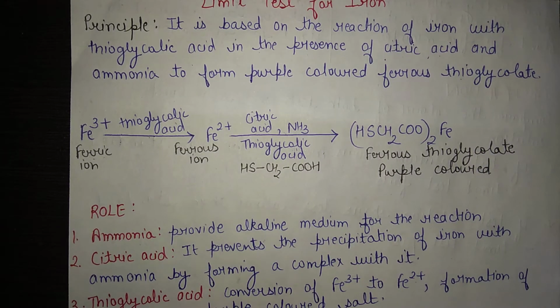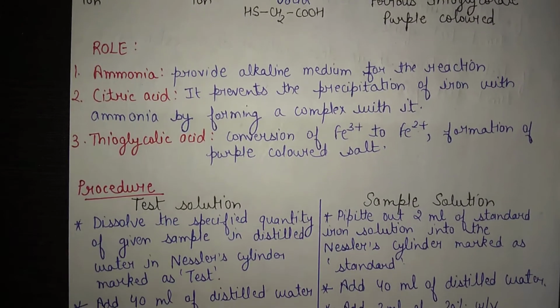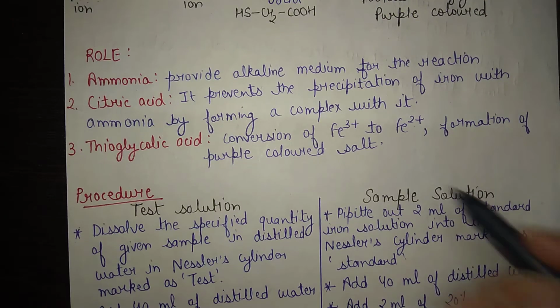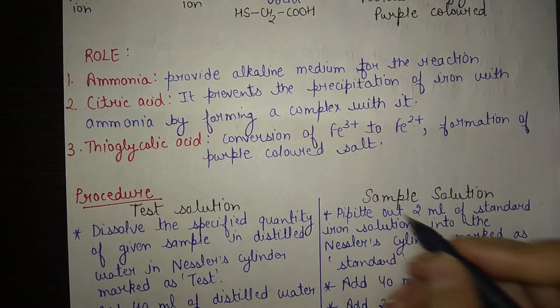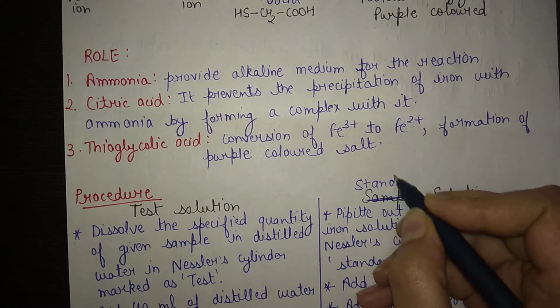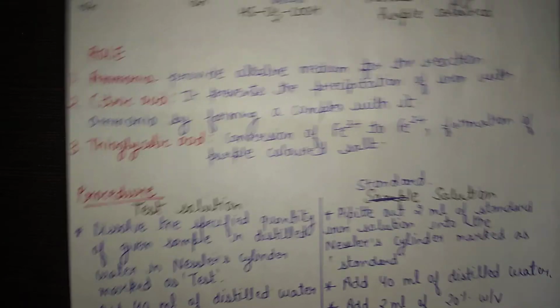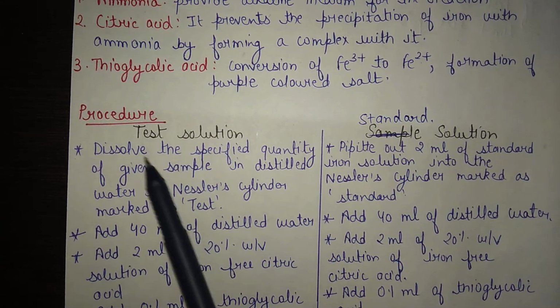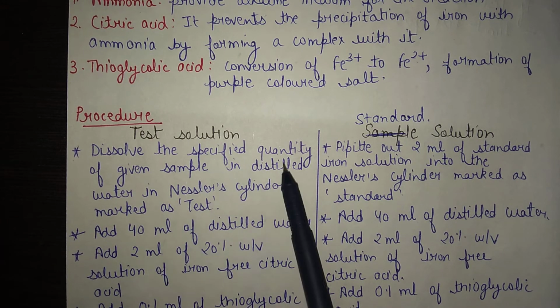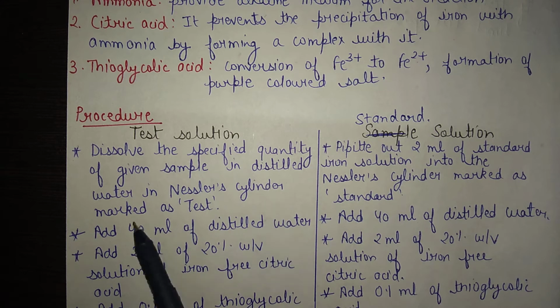Now let us see the procedure of how we have to prepare the test solution and the standard solution. I'm sorry, here I've written wrong: test solution and the standard solution. So firstly, test solution. Dissolve the specified quantity of the given sample in distilled water in the Nessler cylinder marked as test.